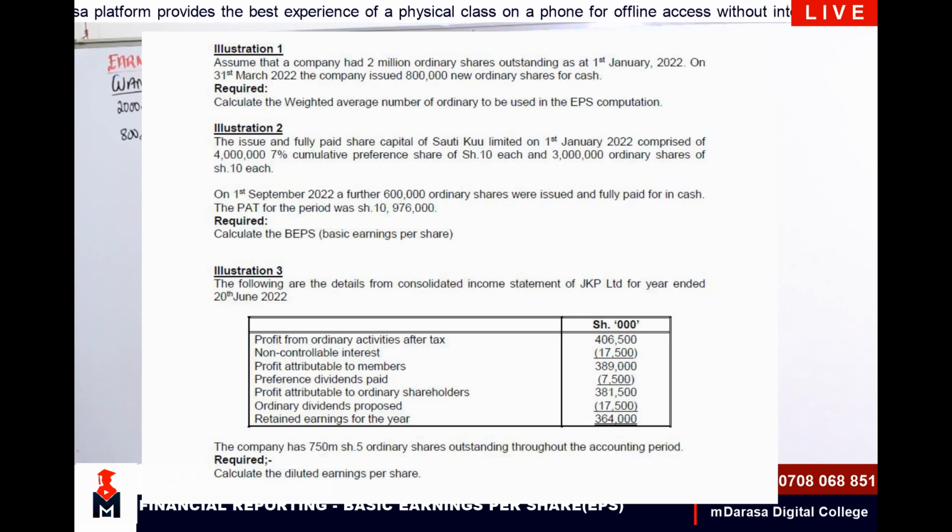The issued and fully paid share capital of Sautico Limited on 1st January 2022 comprised of 4 million 7% cumulative preference shares of 10 shillings each, and 3 million ordinary shares of 10 shillings each.